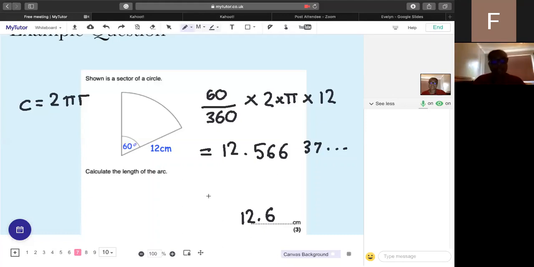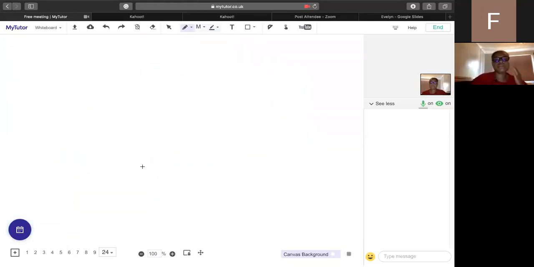And someone else asked, why is the arc length important? Is it because it helps figure out the circumference? So if I go back quickly, and actually I will do a little demonstration as well. The arc length is important because you could be asked a question to work out the perimeter of a shape.